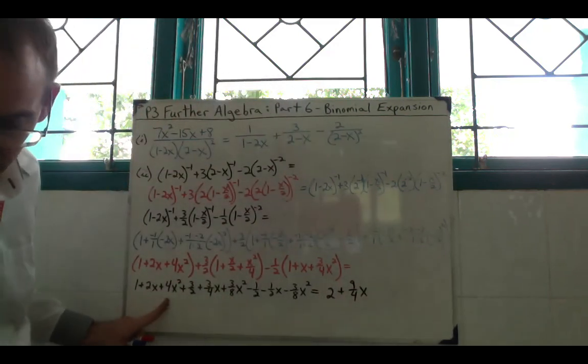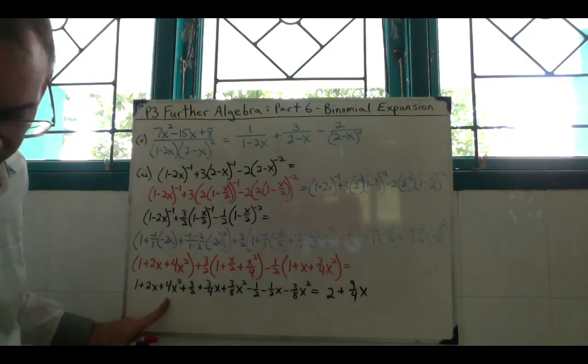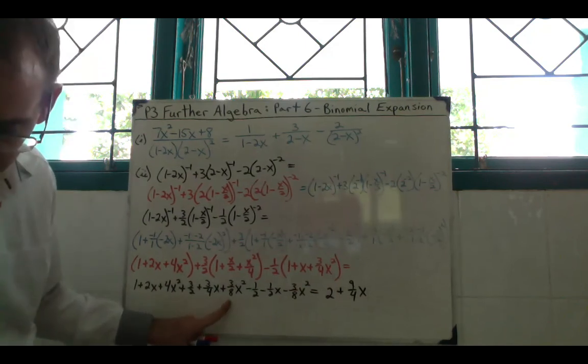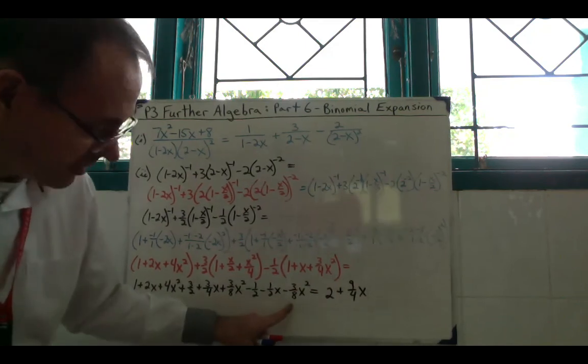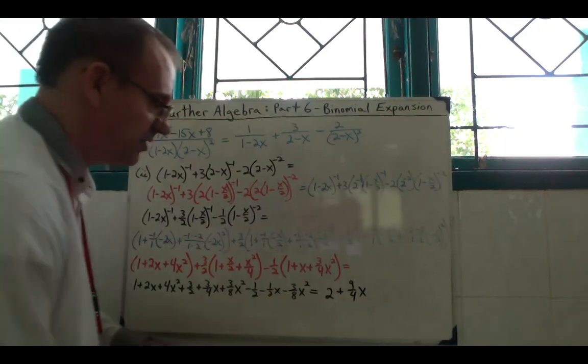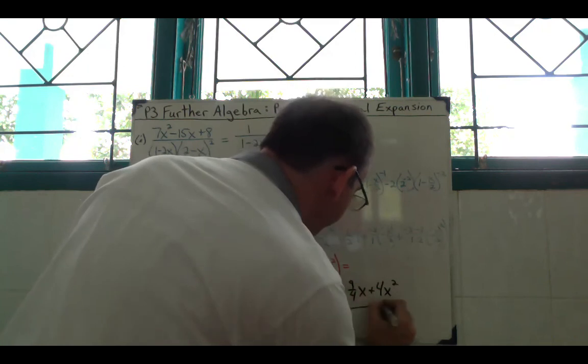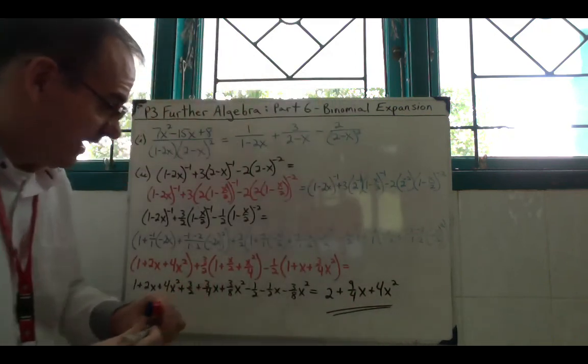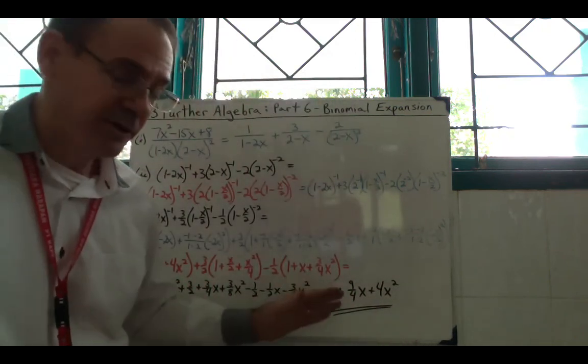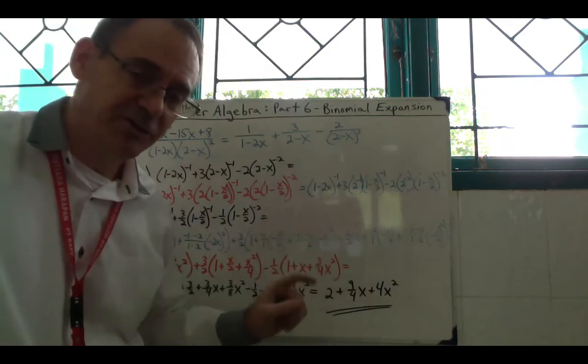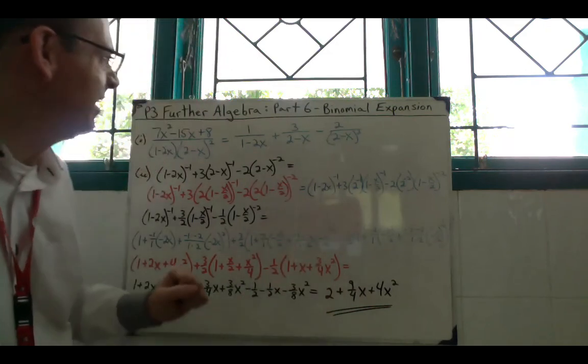And we have 4 on the x squared term plus 3/8 minus 3/8 gives us just a plus 4x squared. So there is our binomial expansion up to the term with the x squared in it.